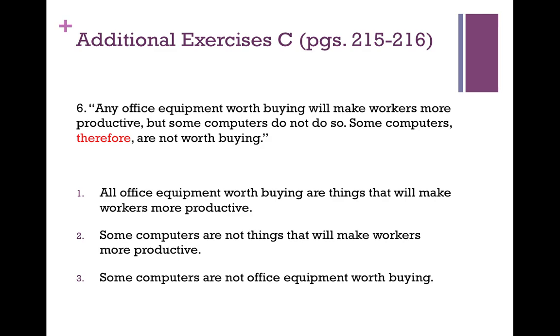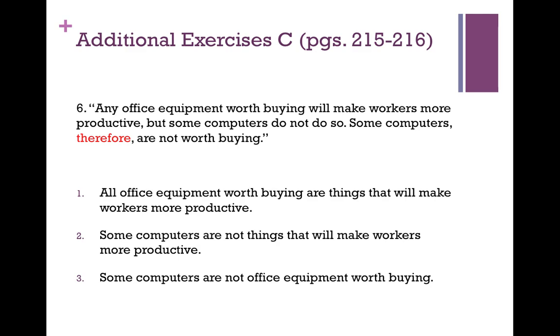If we look back up here, some computers do not do so. I'm just spelling it out here in a fuller way: some computers are not things that will make workers more productive.